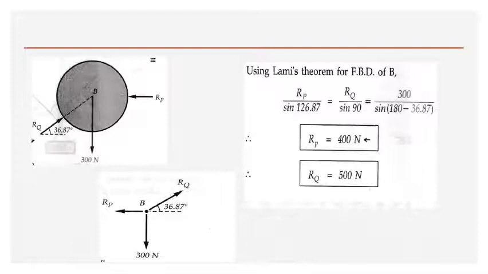So RP by sine of the angle between RQ and the 300 Newton force, that is 90 plus 36.87, that is 126.87, is equal to RQ by sine 90, the angle between the other two forces RP and 300 Newton, that is 90 degrees, is equal to 300 by sine of the angle between RP and RQ, that is 180 minus 36.87. So by solving this, you get RP as 400 Newton and RQ as 500 Newtons.